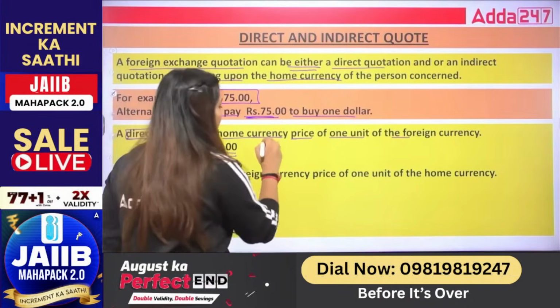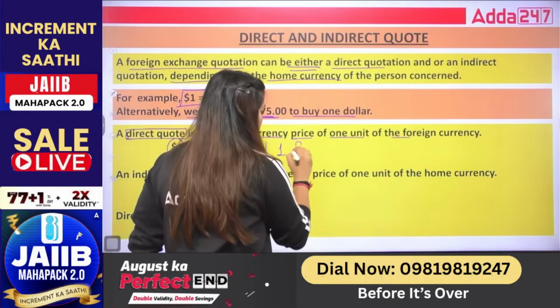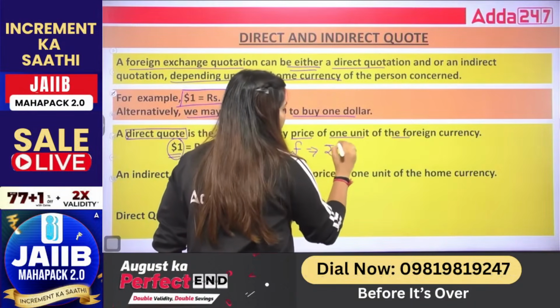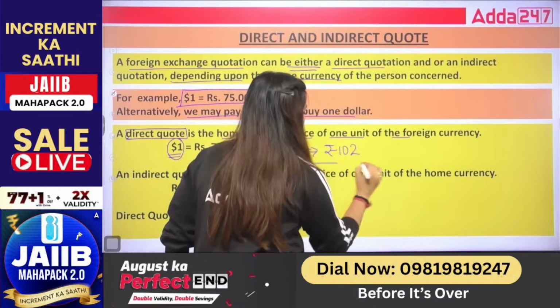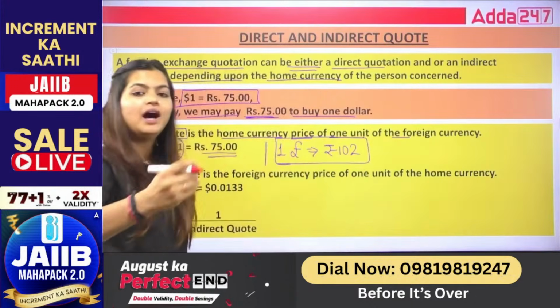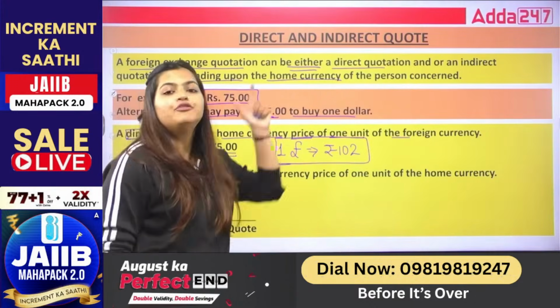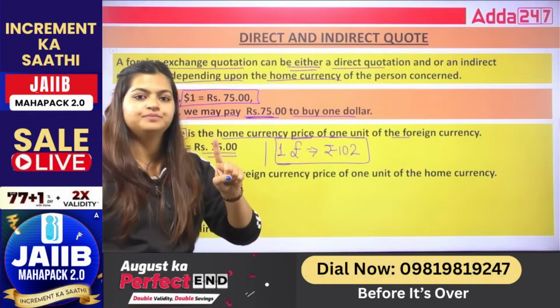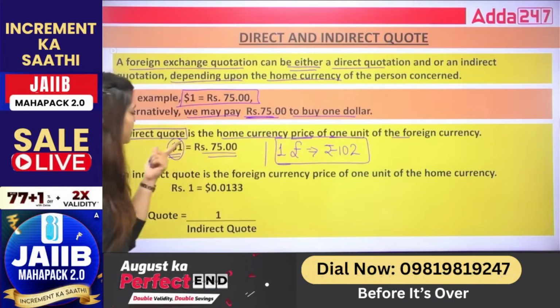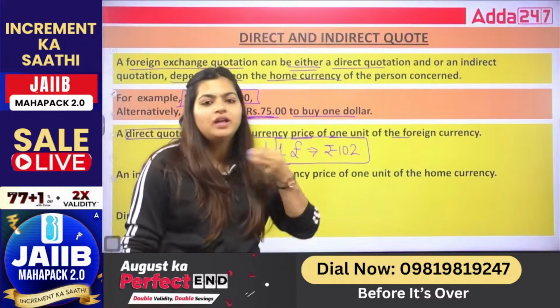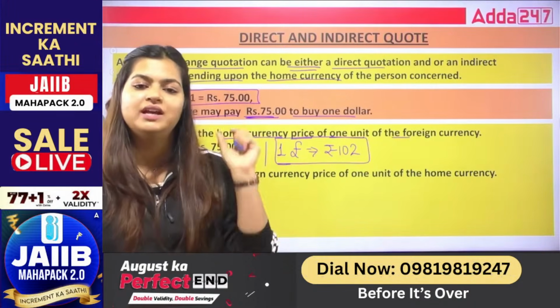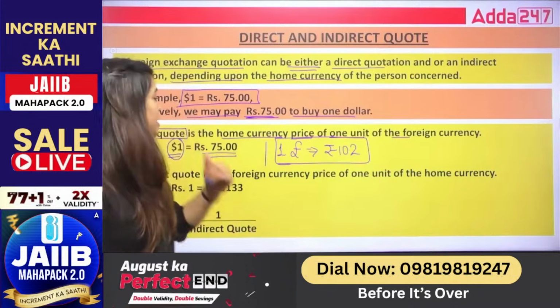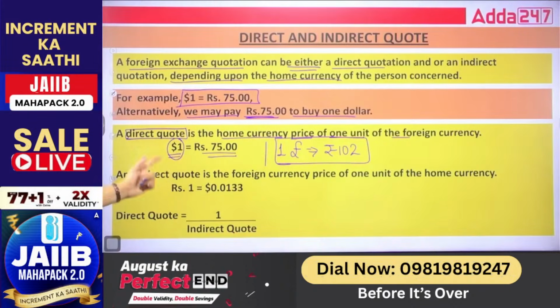So if we write 1 pound equals rupees 102, this is your direct quote. Based on the foreign currency 1 unit, we are stating our own or domestic currency amount. That is your direct quote.